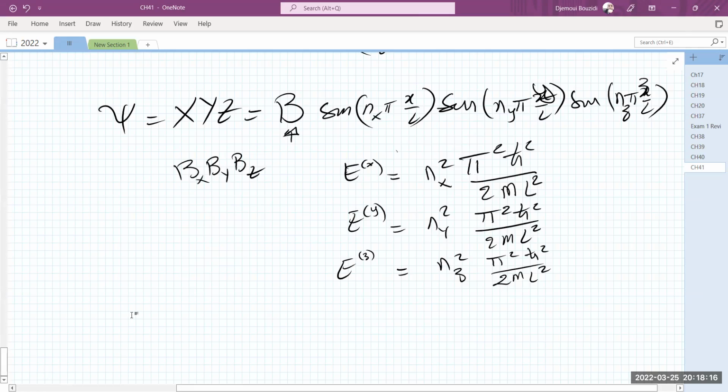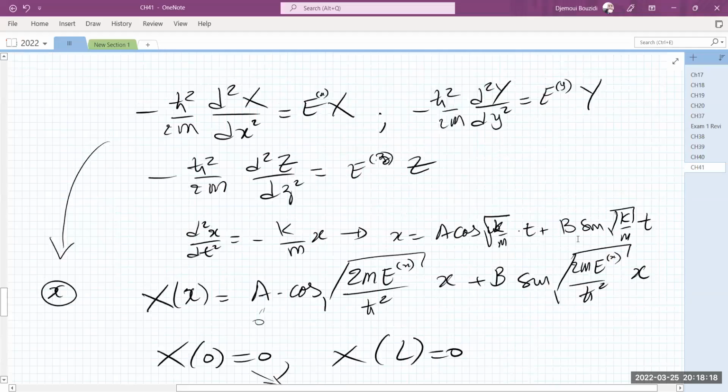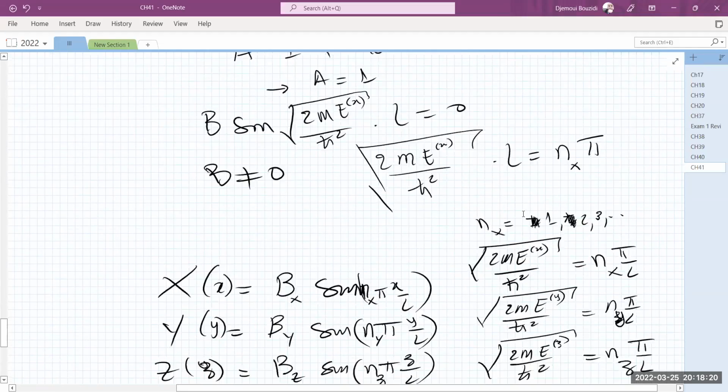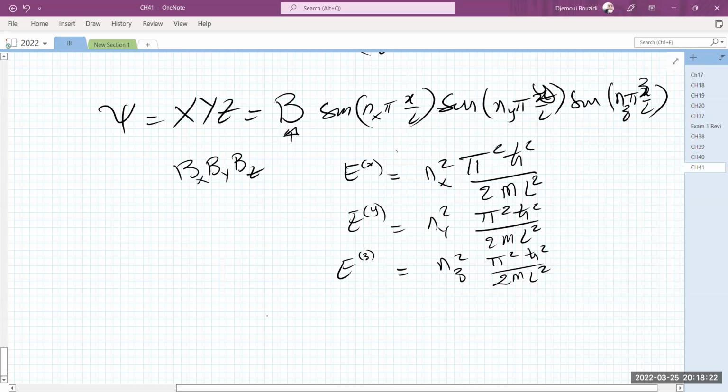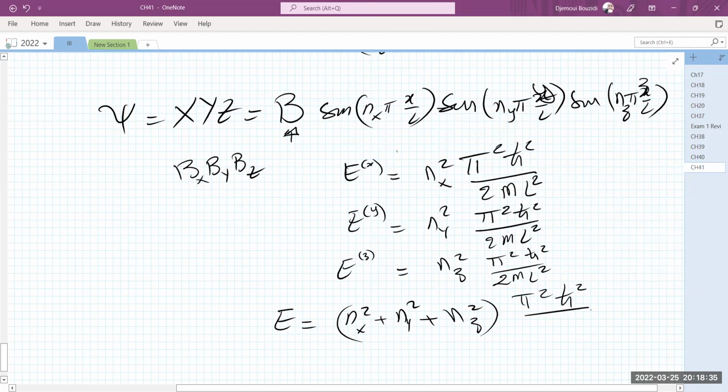The total energy is the sum of all of these three quantities, as I was saying earlier. This is where we started from. So E is just adding all of these three numbers since they have the common factor. So E must be nx squared plus ny squared plus nz squared, and the whole thing multiplies pi squared h bar squared over 2mL squared.